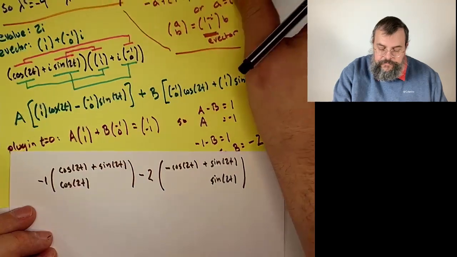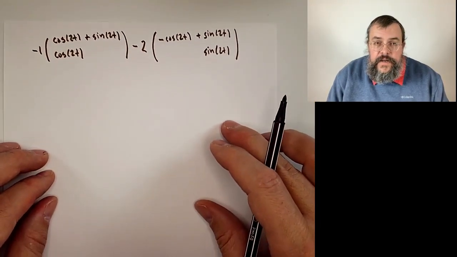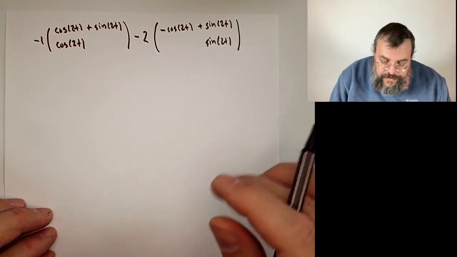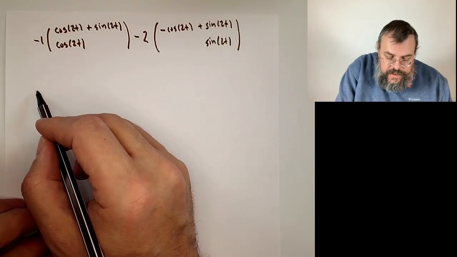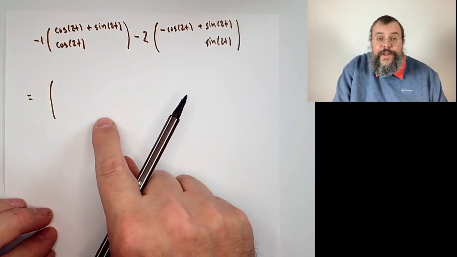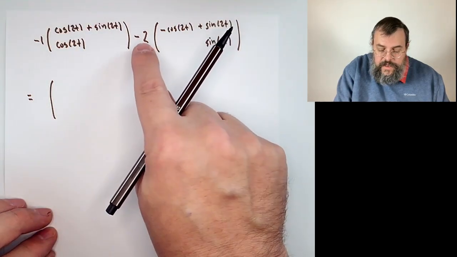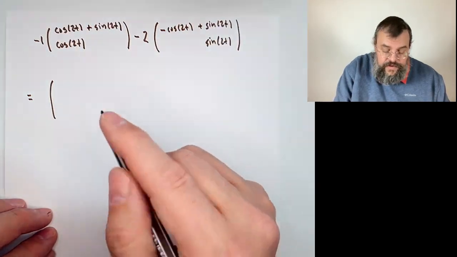All right. Put this paper aside. And, well, we're almost there. Just a little bit more cleaning up. So let's put this all together into 1. So there's a minus cosine 2t, a plus 2 cosine 2t.